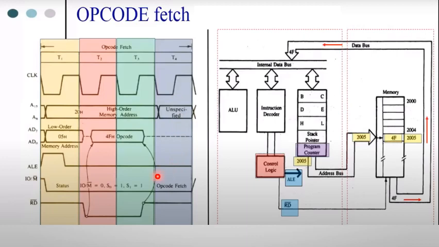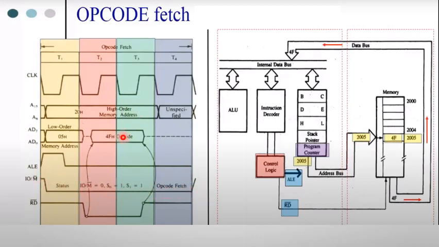This IO/M bar is the status signal of the microprocessor while performing this opcode cycle. Here the opcode fetch is a memory related operation, so IO/M bar is 0 and the S0 and S1 lines are 1 1, right? That is indicated by this IO/M bar.